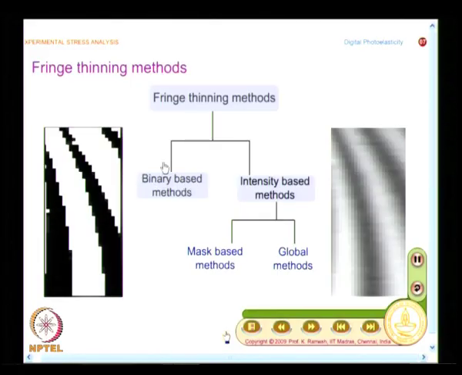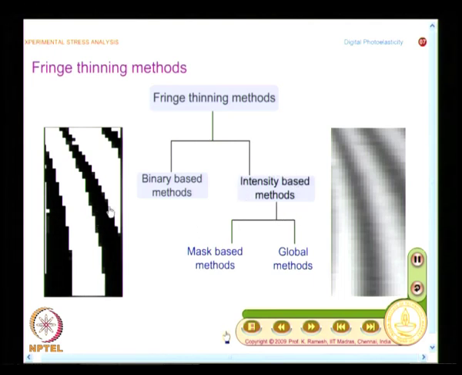In certain class of problems it can be useful, in certain other class of problems you can go for phase shifting techniques and find out the fringe order. And if you look at fringe thinning methods, they can be broadly classified into two categories. You have what are known as binary based methods, and you have intensity based methods.